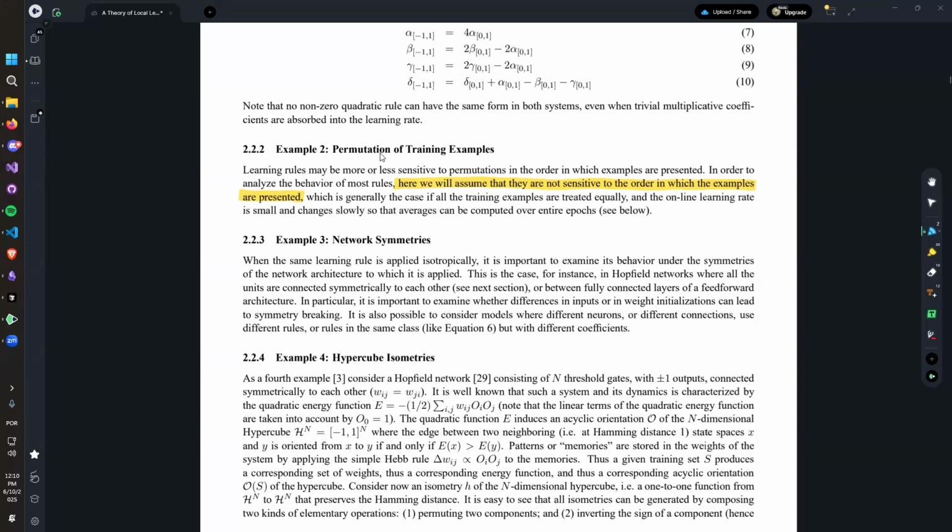That's a good question. They don't actually explicitly say that, but because they are doing time averaging calculations on the learning rules, then yeah, it's going to show up there, like the permutation of training examples actually. Okay, so it touches on that.